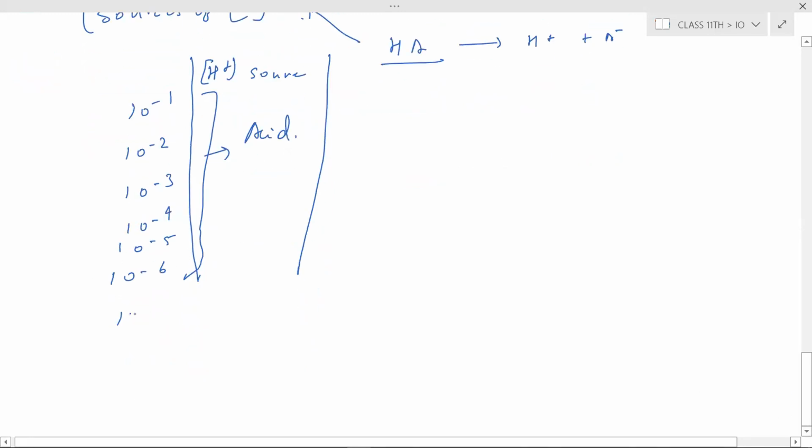Now at 10 raised to power minus 7 and 10 raised to power minus 8 concentration of acid, the source of H plus is both acid and water.